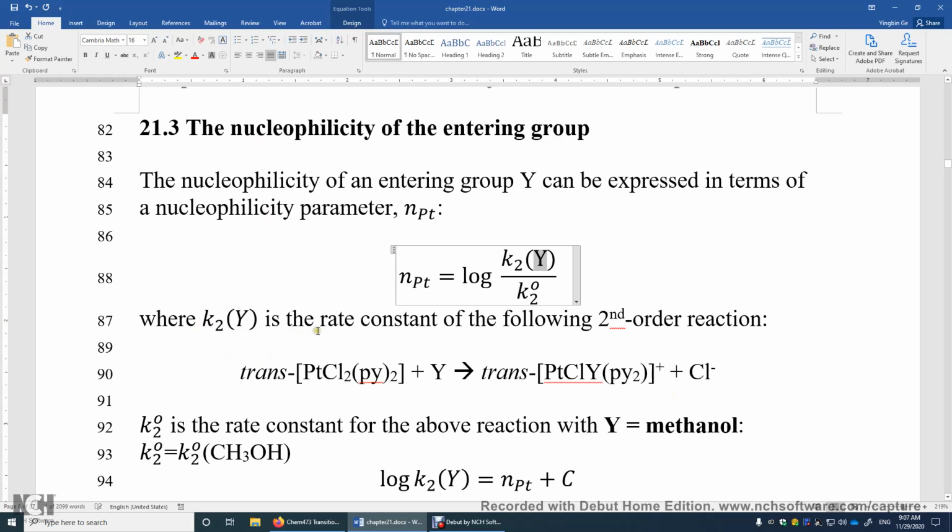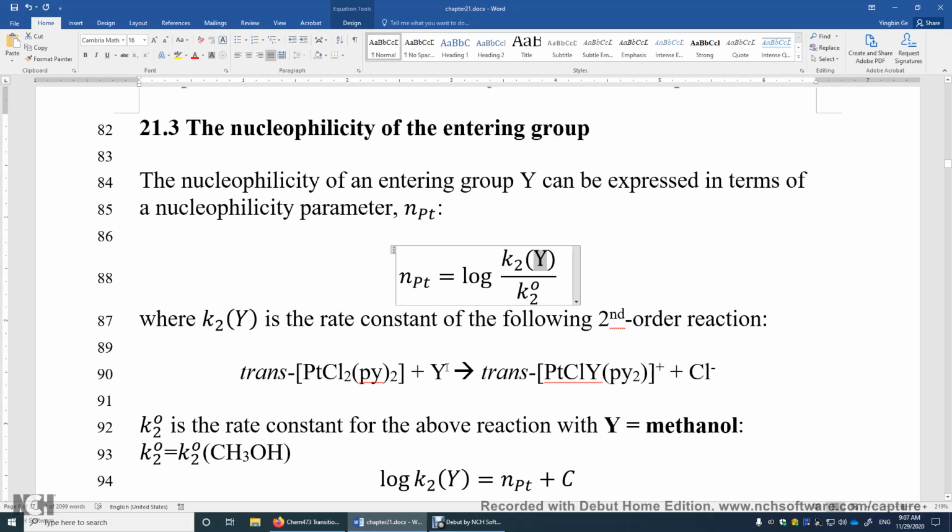And this k2, again, is the reaction rate constant of this reaction. The reactant is trans-dichlorido dipyridine platinum with an oxidation number of 2. Y is the entering ligand.